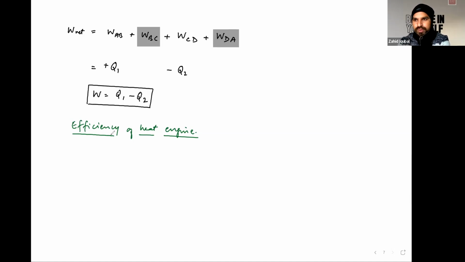So the ratio of these two quantities will define its efficiency. Similarly, in this part, we get output as work done, that is conversion of mechanical energy, and we give it input in the form of heat by burning fuel. So the net amount of work done by it to the net amount of heat absorbed by it is called its efficiency.